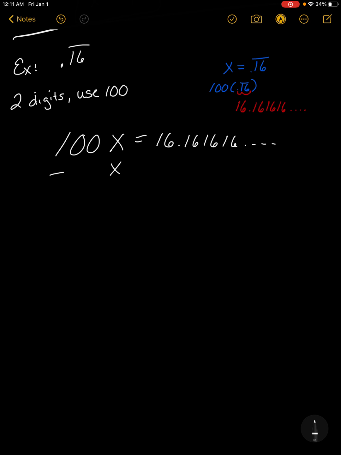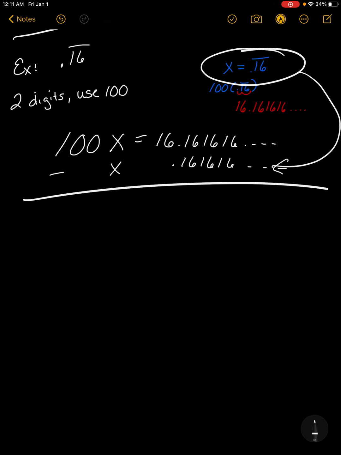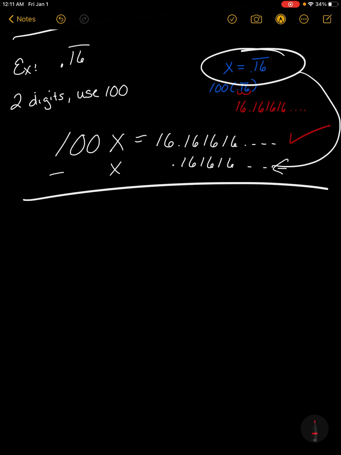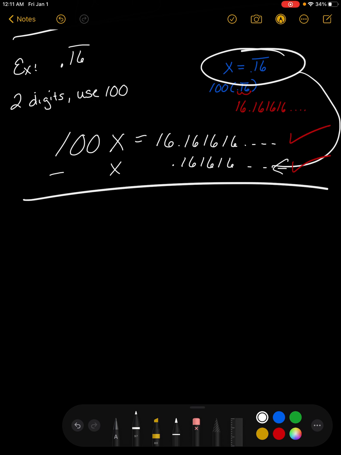Okay, same thing, subtract 1x. But remember, your 1x is this number. You're going to put that 0.16, that x, right under there and line it up. That's the whole point, is to get rid of the 16 repeating part. So basically you took a number times 100, and you're subtracting the original number from it.